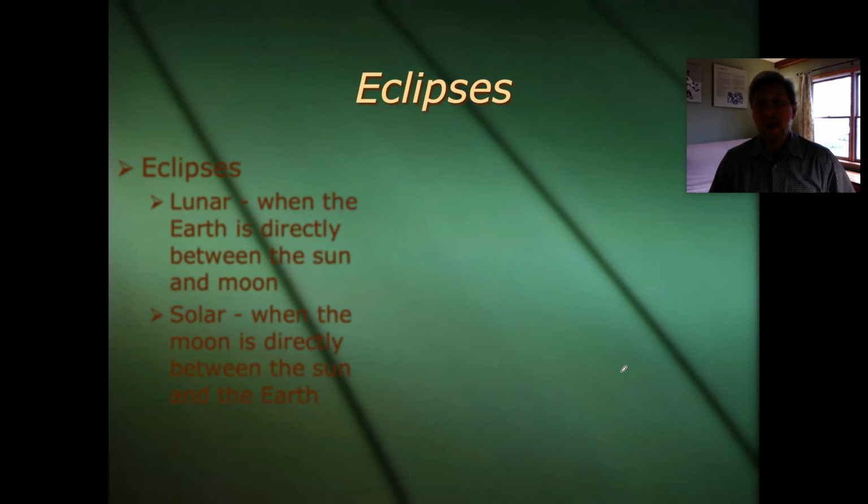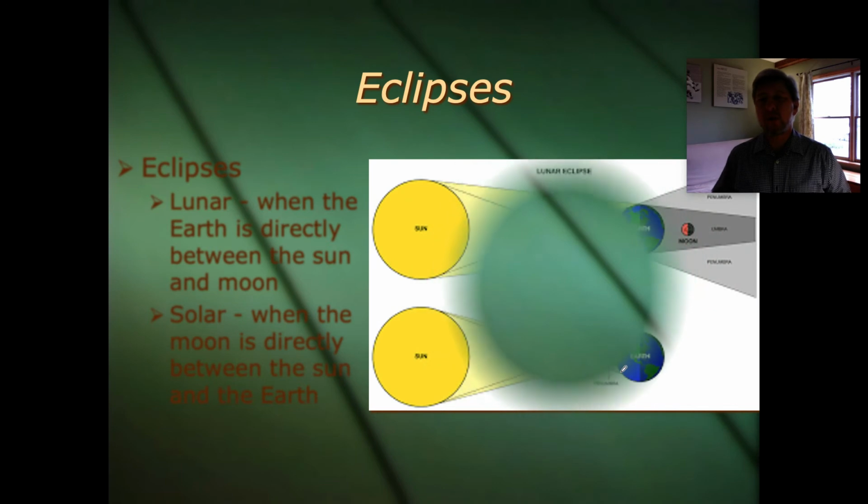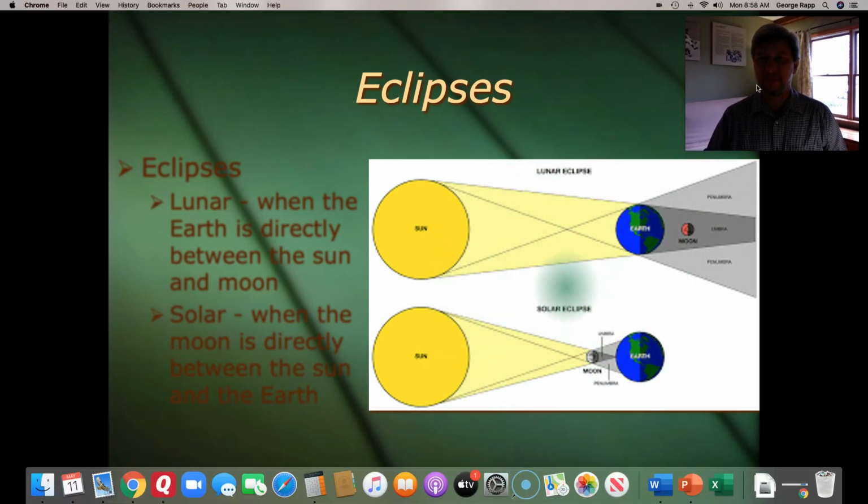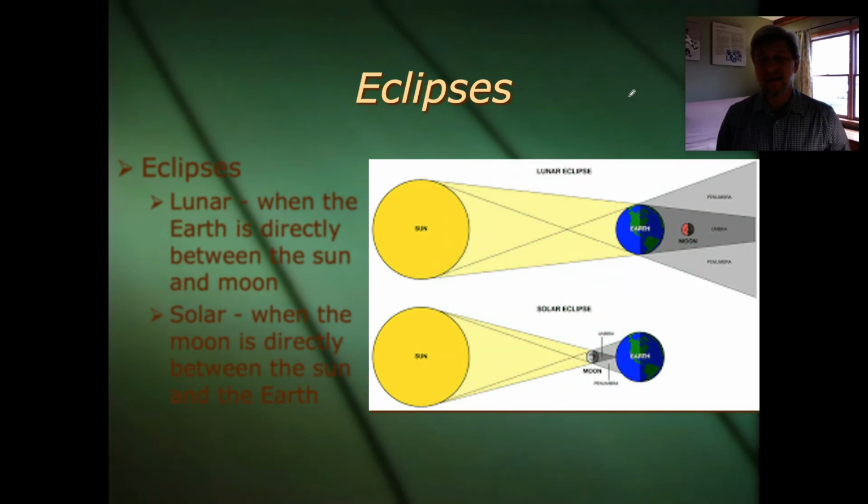Okay. Now, one other interesting aspect to the position of the sun and the moon in the sky, if you will, is that sometimes they overshadow one another. All right. And we call these instances eclipses. Now, there are two different kinds of eclipses.